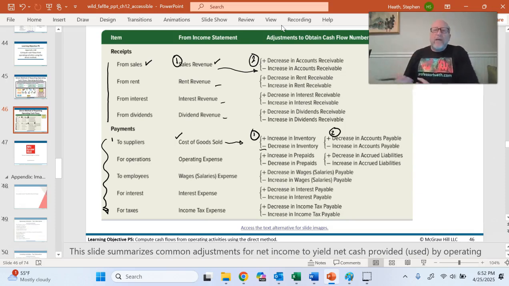Then we also have to look at accounts payable, right? So if my accounts payable went up, then we're saying we purchased inventory without having to pay for it.